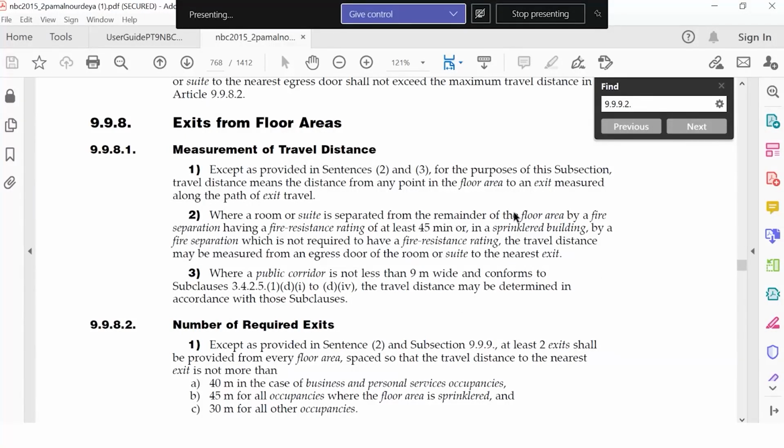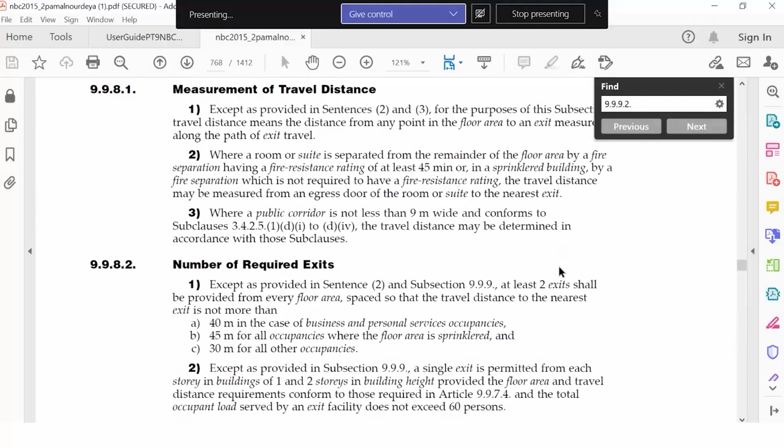Now, where you have a floor area with the suite separated by fire separation, and the room is also separated by fire separation of not less than 45 minutes, then you can also measure the travel distance from the door of the room or the door of the suite to the nearest exit. So you have two measurements of travel distance.